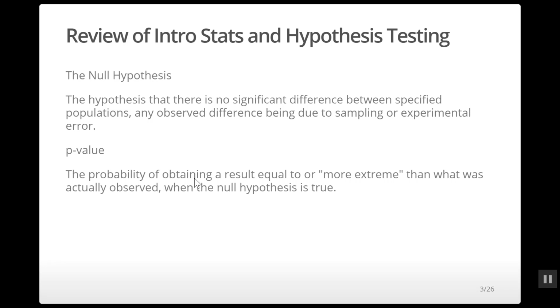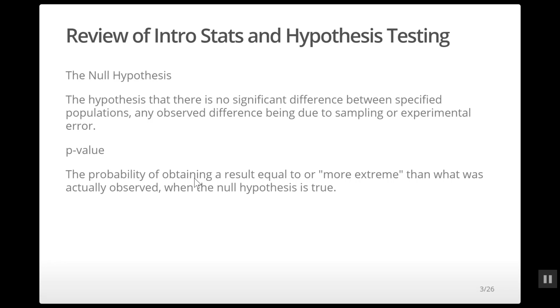When we do hypothesis testing, we always start off with a null hypothesis, right? The null hypothesis is that there is no significant difference between specified populations, or that any observed difference that we see in our sample is due to sampling error or experimental error.